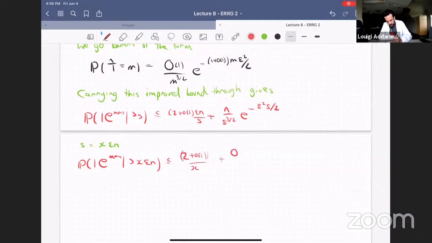Then for the second term, we get 1 over x cubed epsilon cubed n to the half, e to the minus x over 2, and then epsilon cubed n.